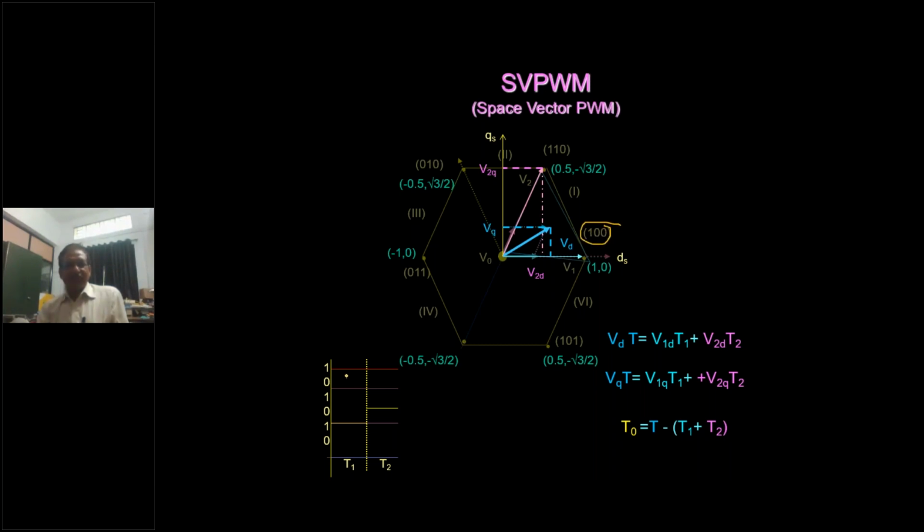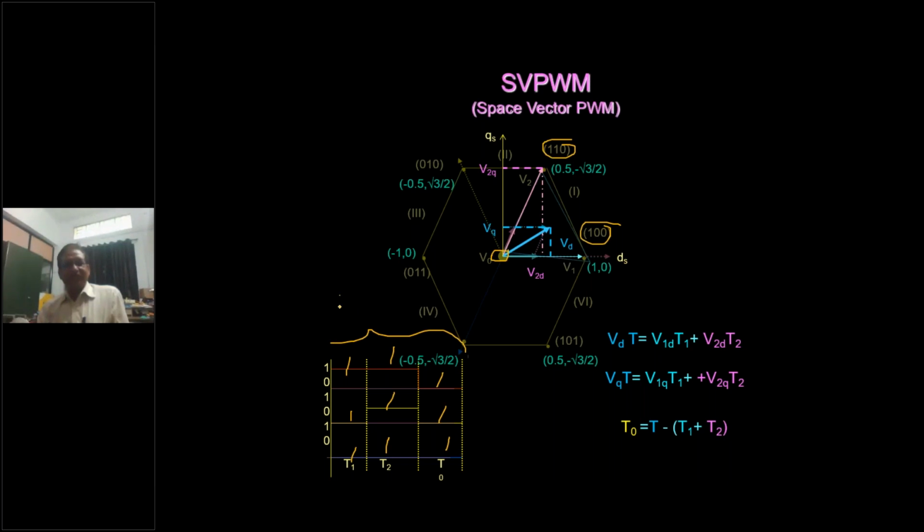So initially R phase is 1, Y phase is 0, B phase is 0. Then I have selected this vector, so for T2 time, R phase is 1, Y phase is 1, B phase is 0. And for the remaining time, the 0 vector is there, so R phase voltage is 0, Y phase voltage is 0, B phase voltage is 0. What is this time period?